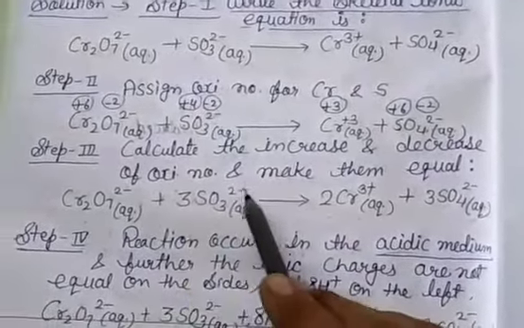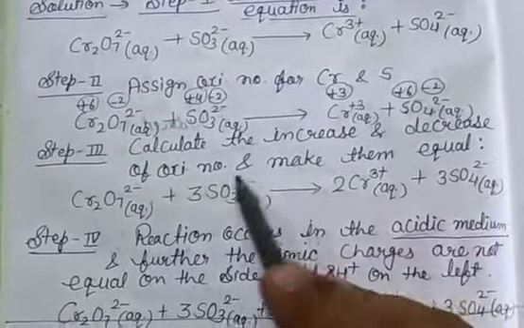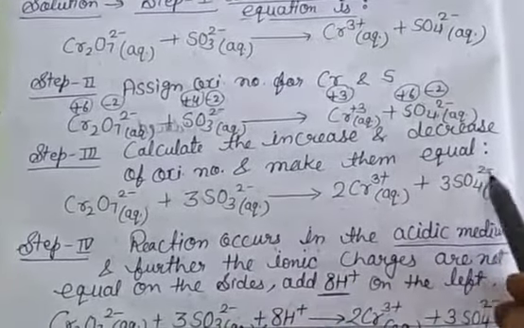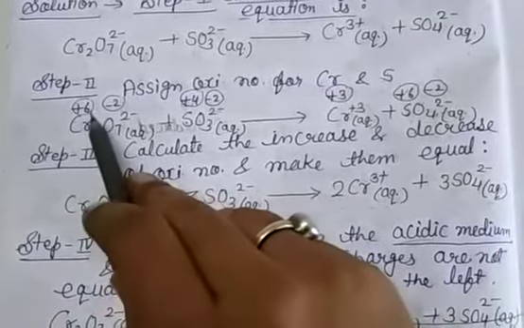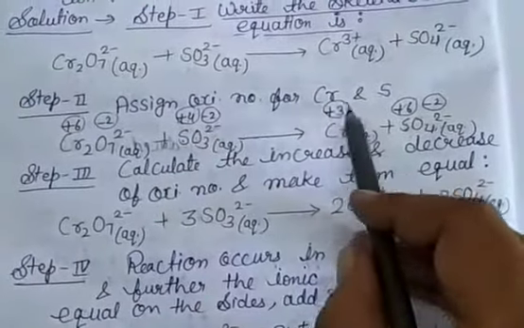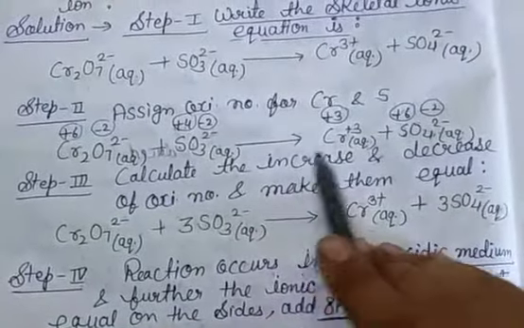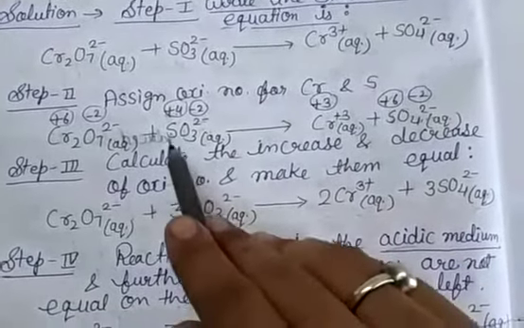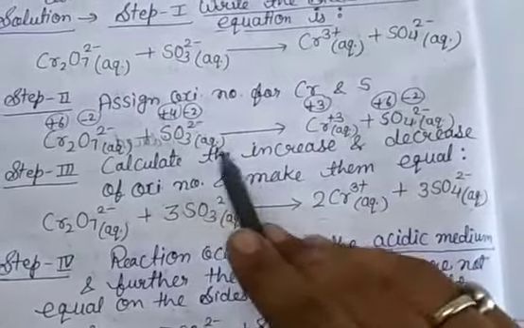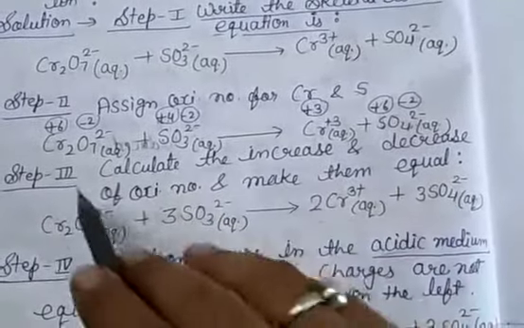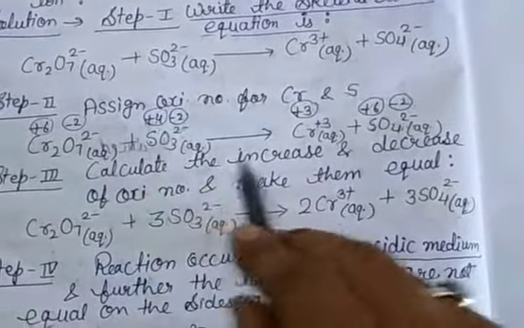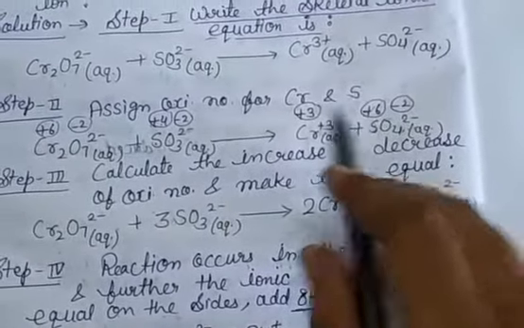Then third step, calculate the increase and decrease in oxidation number and make them equal. Here you see chromium +6 converts into the end product +3. That means gain of 3 electrons. Here you see sulfur +4 converts into +6, so loss of 2 electrons.